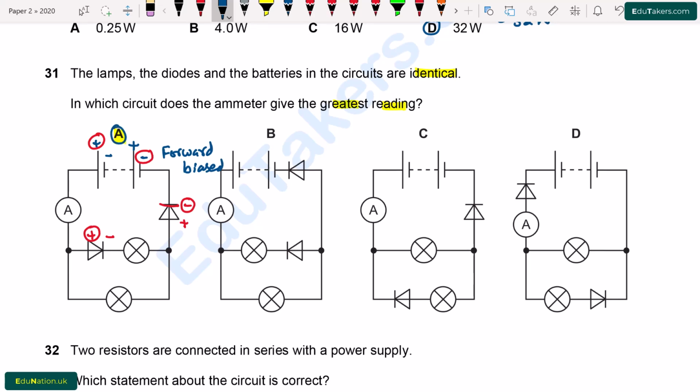It gives the maximum current due to which the ammeter reading will be larger. We also check the other options. So it is negative, positive, negative and positive. This negative is attached with this negative, but this positive is attached with this negative. So there is both reverse biasing and forward biasing. Current will be minimum. So option B is incorrect. For option C, here is plus minus.